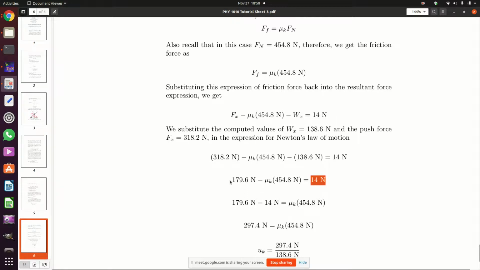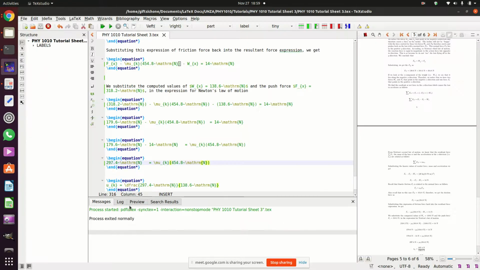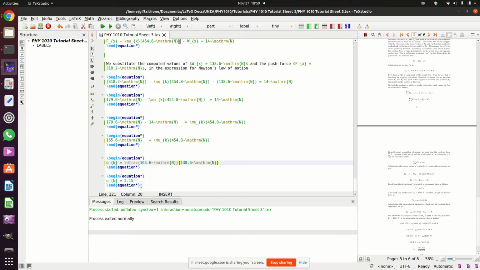So we take this 14 newtons to the other side, and we take the negative coefficient term to the other side as well. So we end up having this expression. How much do you get for this? 179.6 newtons minus 14 is 165.6. So you end up having 165.6 newtons.